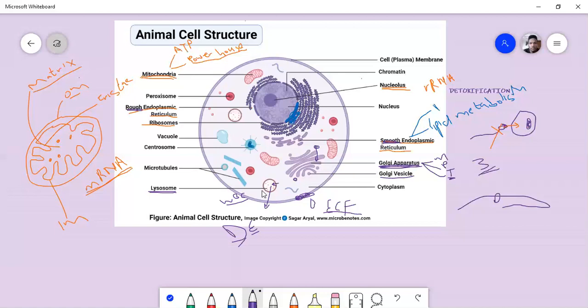They digest foreign particles. So that is the function of white blood cells. That is why white blood cells have a lot of lysosomes. But sometimes it happens that the cell digests itself. It self-destructs.